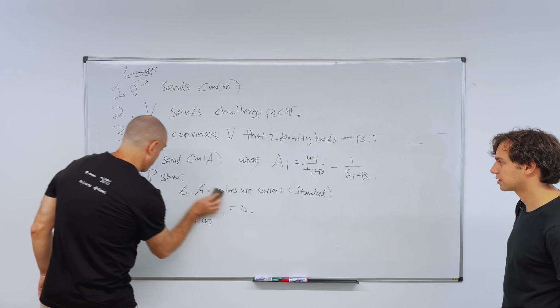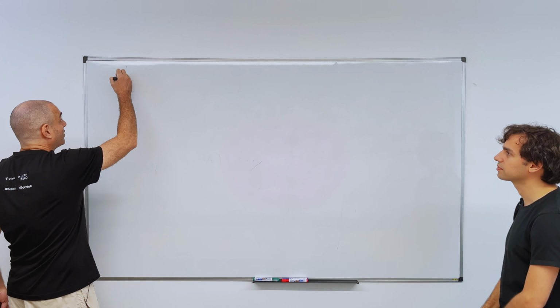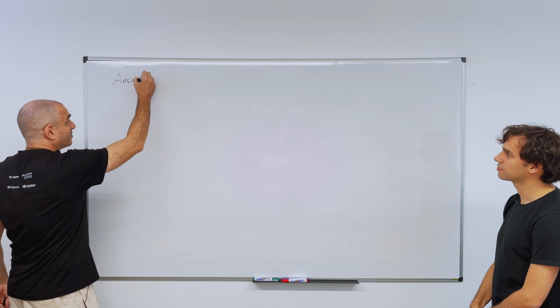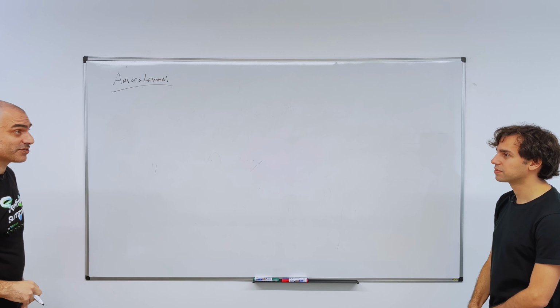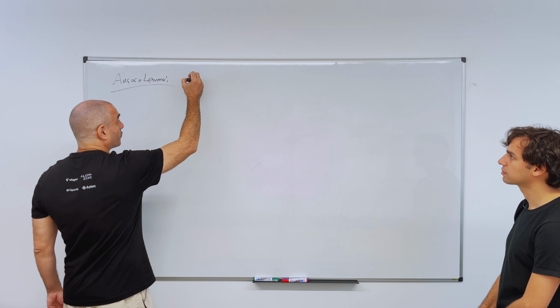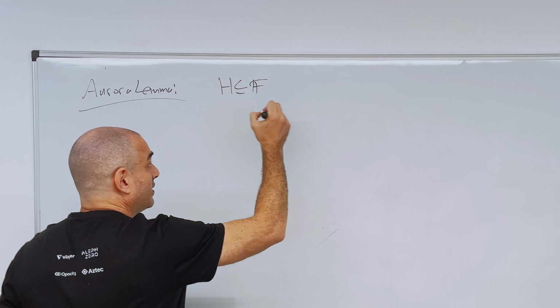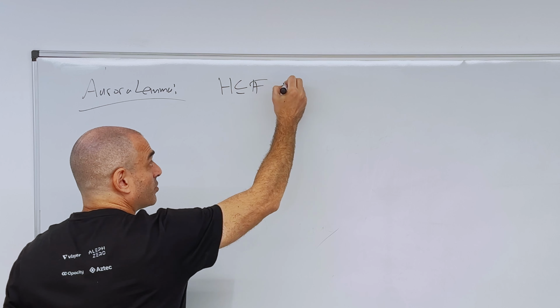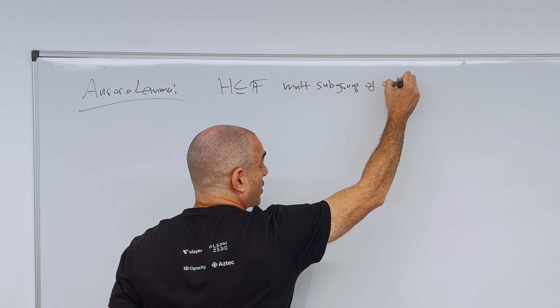So the Aurora lemma tells us the following. Like we set up before, suppose H is a multiplicative subgroup of order n, of size n.